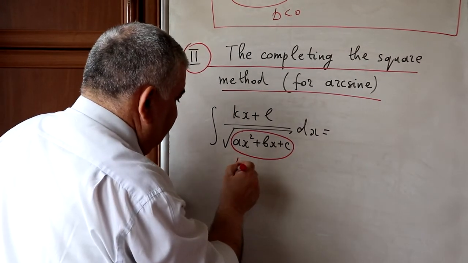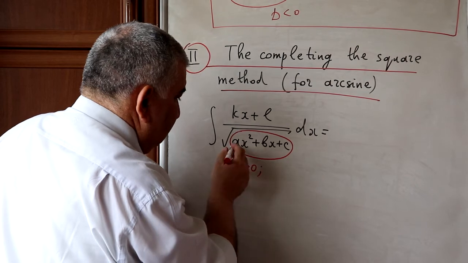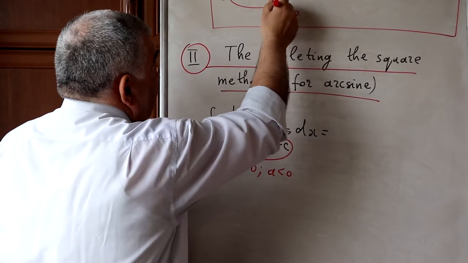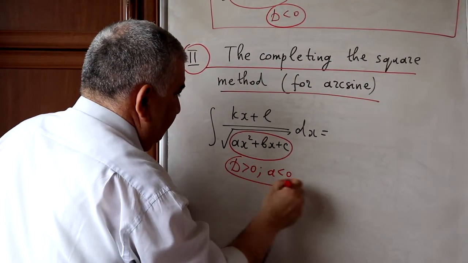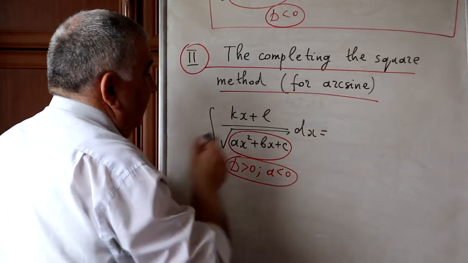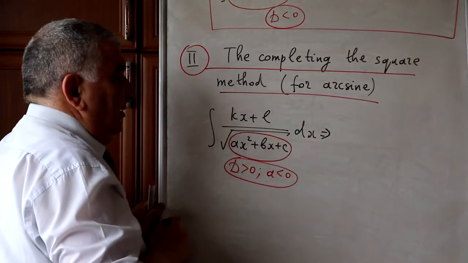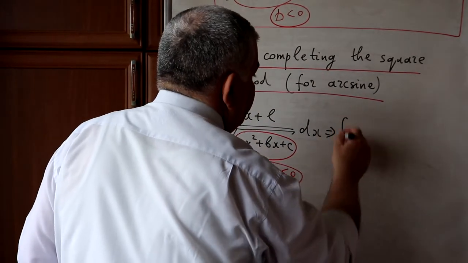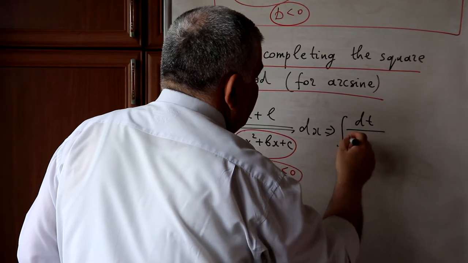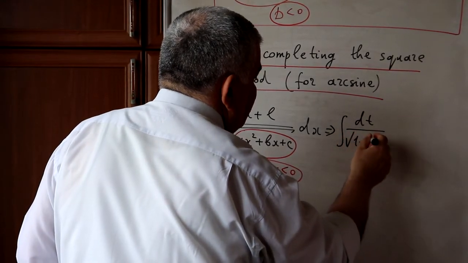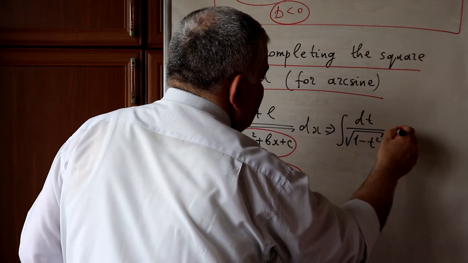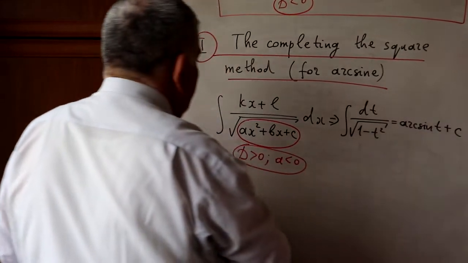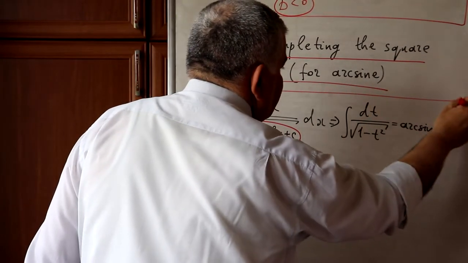Here the discriminant must be positive and the first coefficient must be negative. Then the given integral will be reduced to the integral of type dt over square root of 1 minus t squared, which is equal to arcsine t plus c.